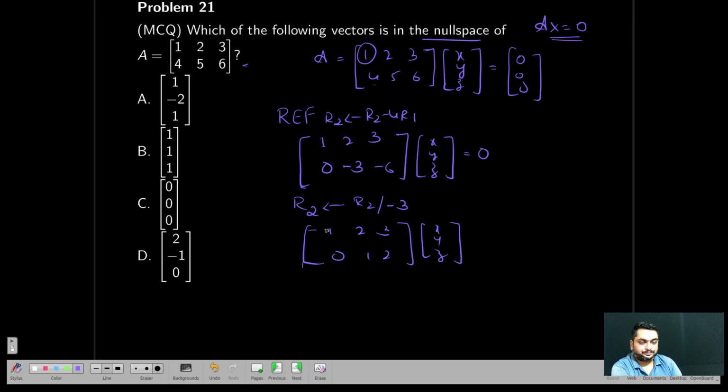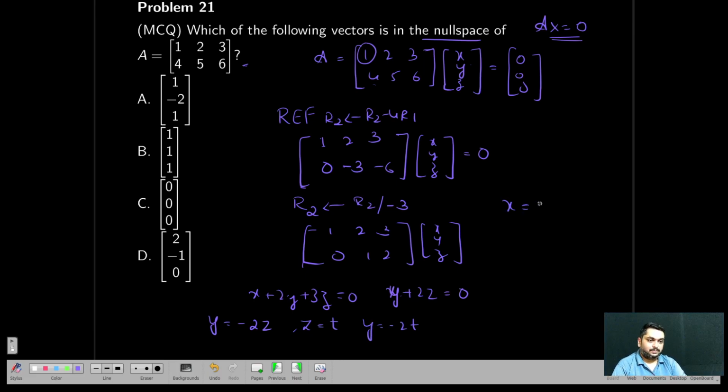Now x plus 2y plus 3z equal to 0 is one equation. Another is y plus 2z equal to 0. So y is equal to minus 2z. Now we put z equal to t. This becomes y is equal to minus 2t.